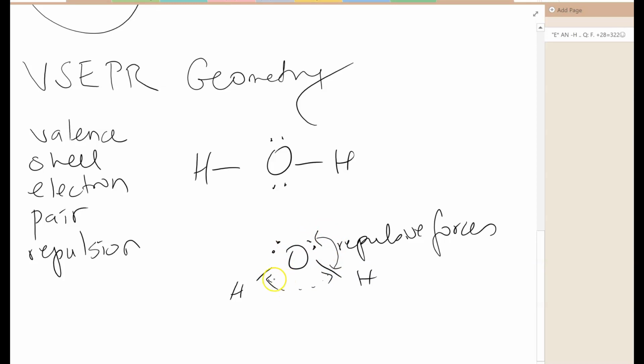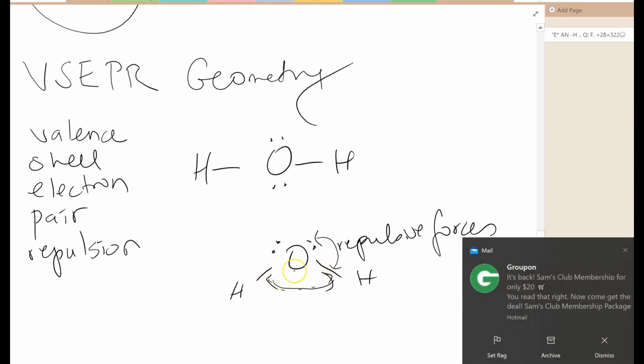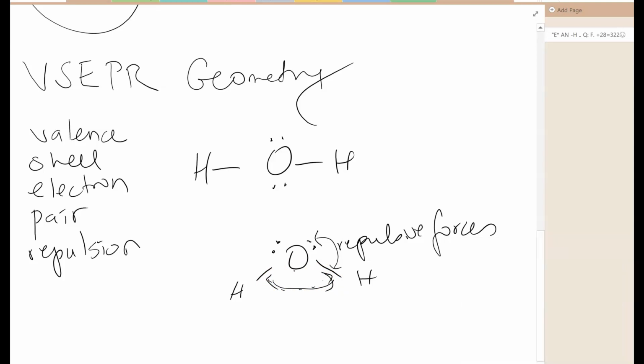It bends so that these are also far apart from each other, because you don't want these bonds to come close and start pushing each other. So you have these lone pairs of electrons, you have these bonds, so they're structured in a way that is going to minimize repulsive forces. So there's an angle about 109 degrees between each of these. The lone pairs have more repulsion than the bonded pairs, and that should make sense because lone pairs are taking up more space and they're not neatly tied into a bond.